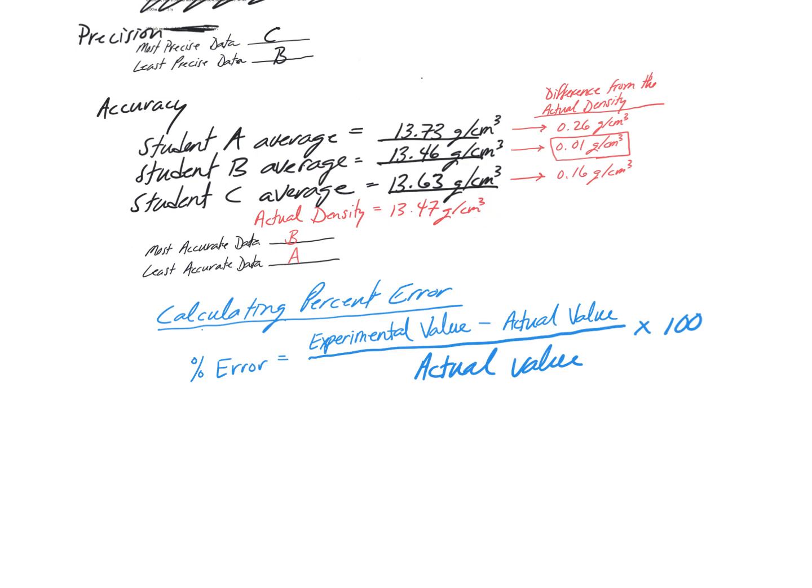The actual density of mercury is 13.47 grams per cubic centimeter. Take the experimental value, the one that these students got, minus the actual value, divide that subtraction by the actual value, times 100. Okay? I'm going to now calculate the percent error for each of these students.